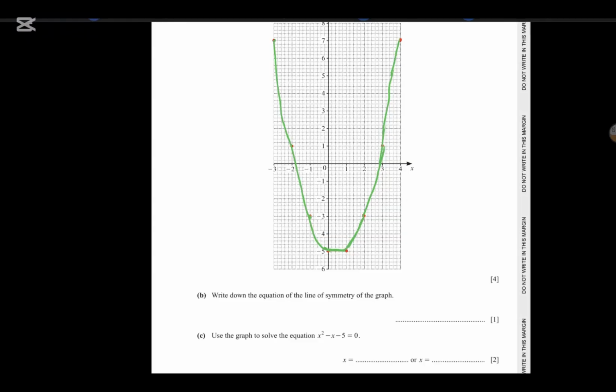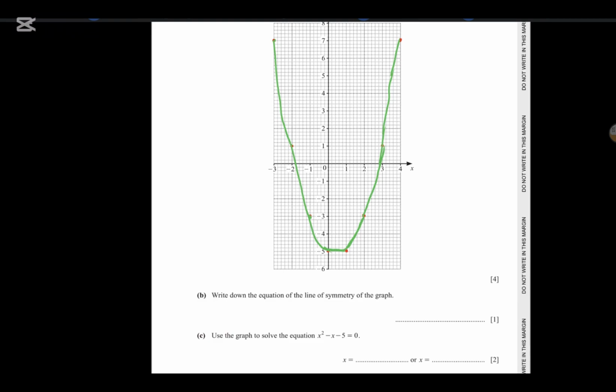Question B, write down the equation of line of symmetry of the graph. Now what is the line of symmetry? The line of symmetry should exactly pass through the between of this graph, exactly in between. Now see here, this is at minus 2 and this is at 3.